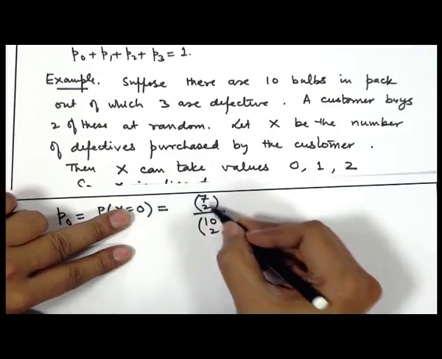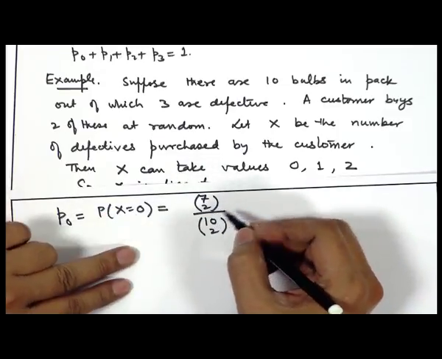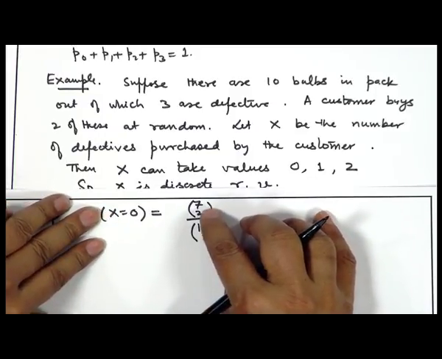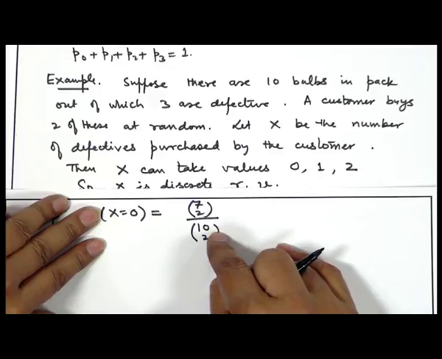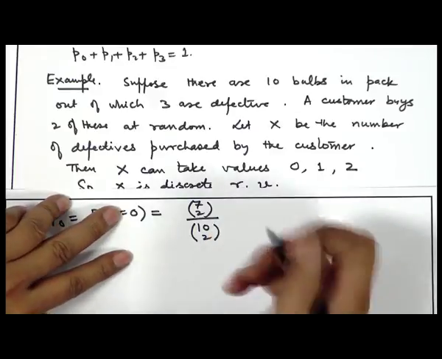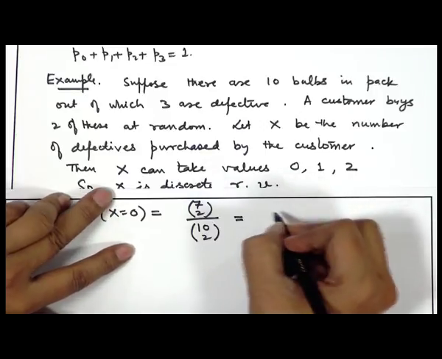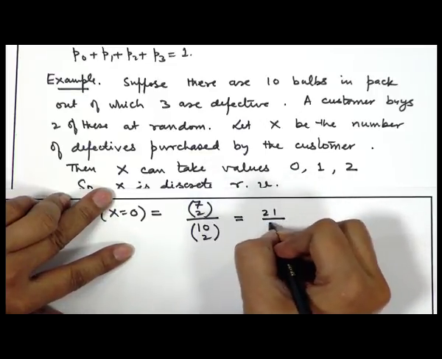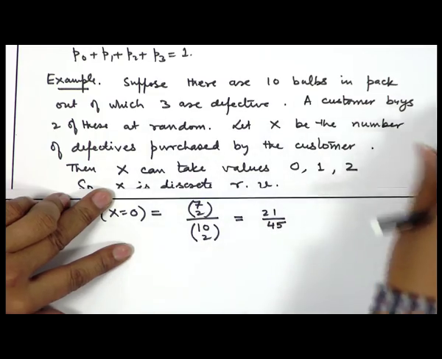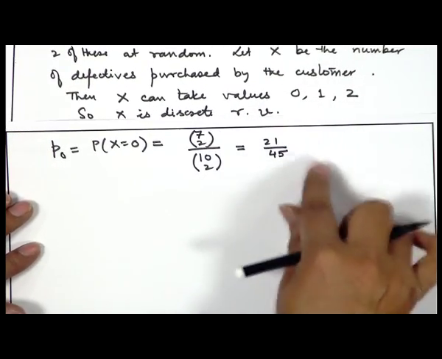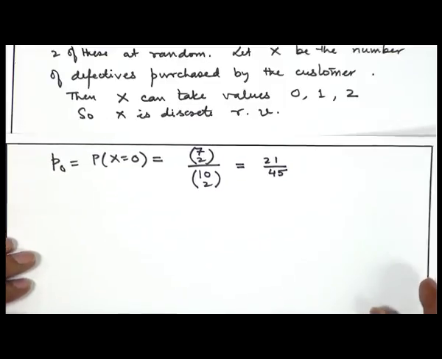So, it is 7C2 divided by 10C2, that means the favorable number of cases is 7C2 and the total number of cases is 10C2. Now, this can be easily simplified. So, this is giving 21 by 45. This can be further simplified. I have not simplified intentionally, just to show that the sum is all right.